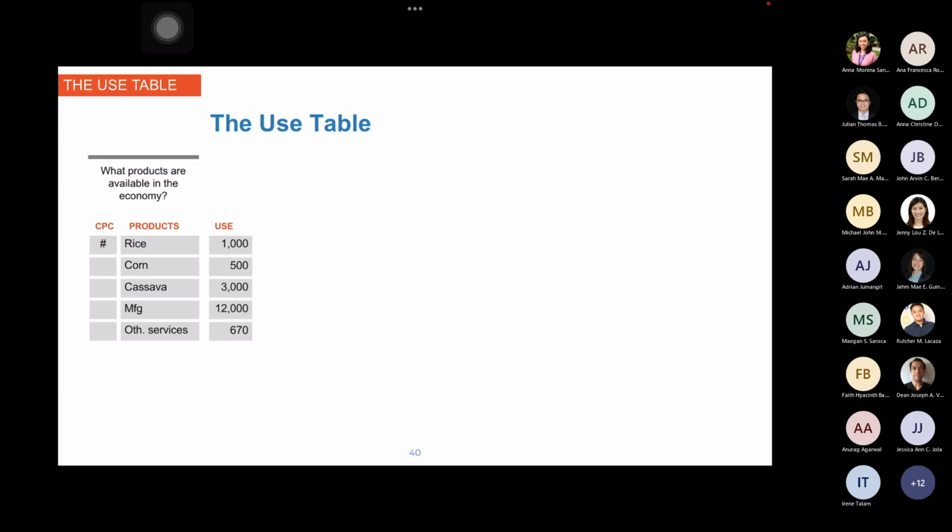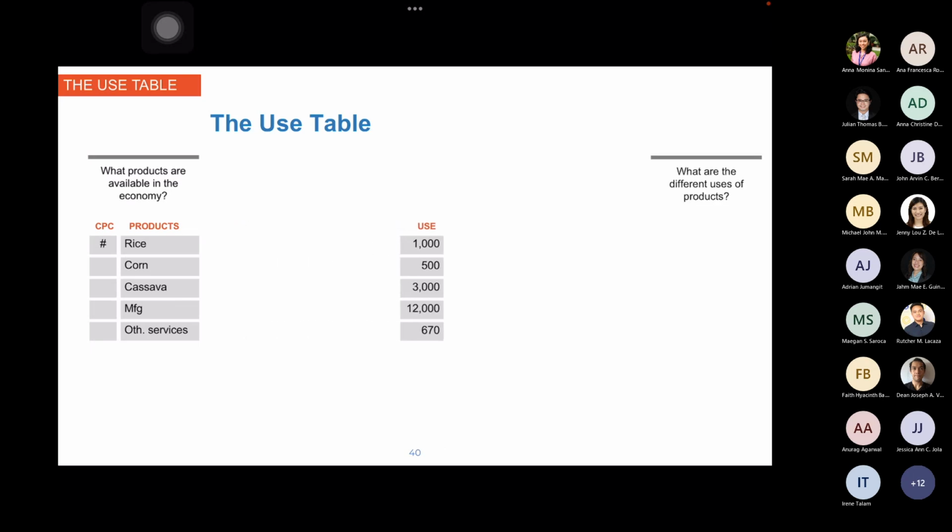So next, it answers the question, what are the different uses of goods and services? So we compile the data on the total use of each product that is available in the domestic economy, and the figure should match or should be balanced with the supply table.